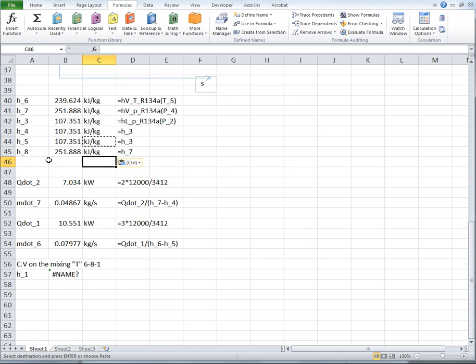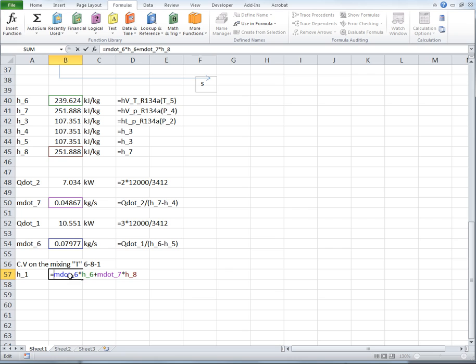So we've got that. I need to add that into the list of states, and somehow I didn't get m dot 7 in there. So now this is not correct because this has to be divided by the total mass flow rate, which is m dot 6 plus m dot 7.